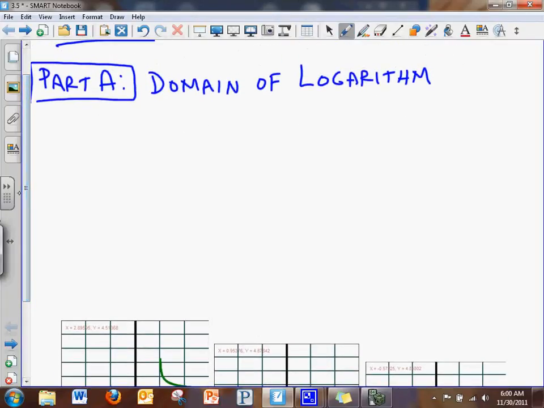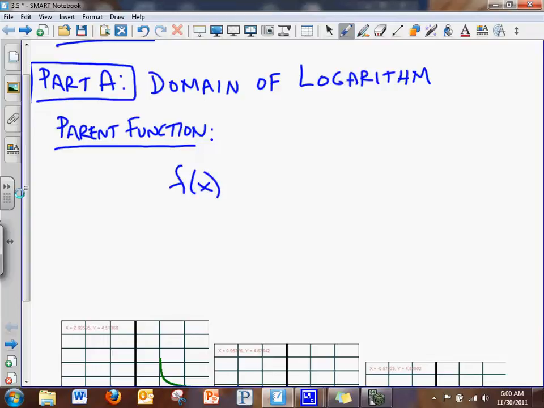So the parent function, the most simple, ordinary, straightforward version of a logarithm, would just be log, I'll make it a common logarithm, so log base 10 of x. It really doesn't matter what base I use here, just to get us started. And I want to look at the domain of this parent function.